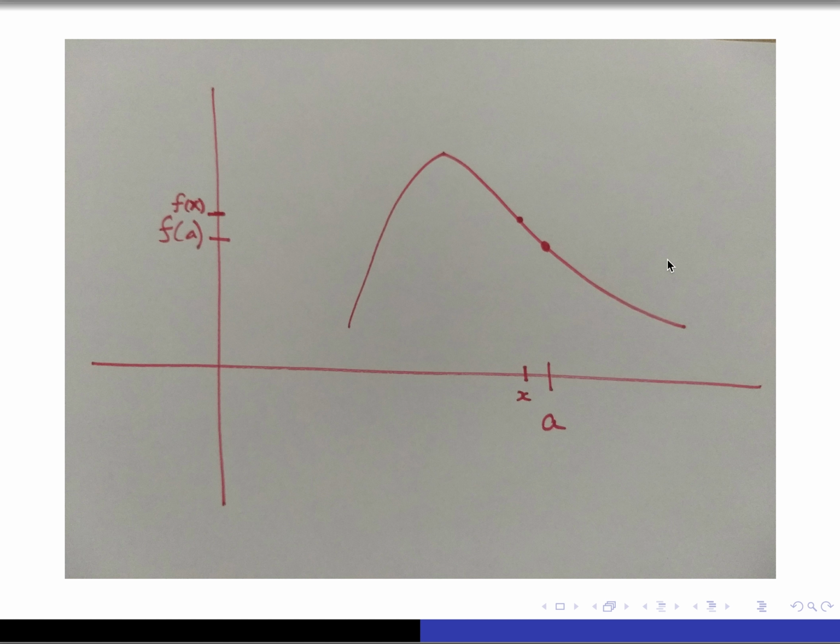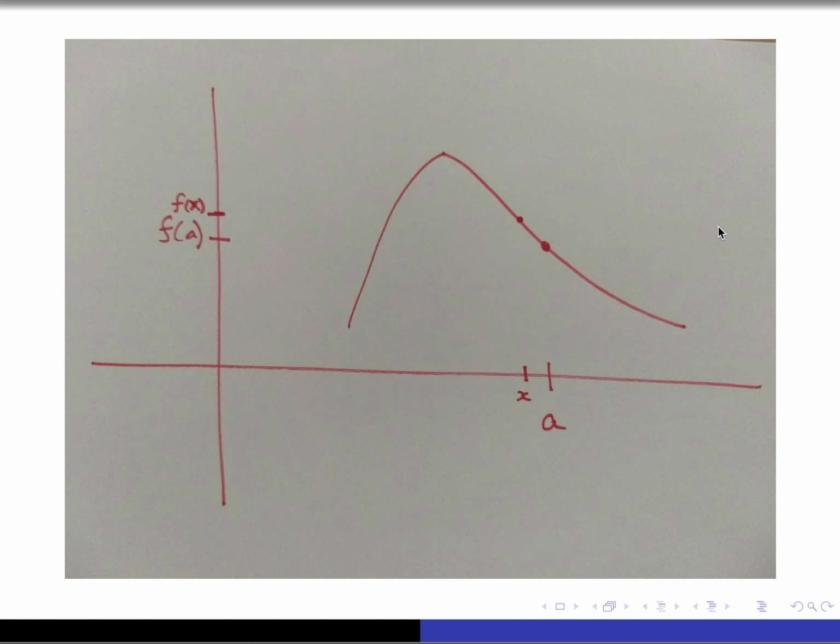Here's a graph of some function that I drew, and we've got this point A. What does it mean to be continuous at A? Well, intuitively, using what we know from maybe a calculus class, the graph is nice and smooth and connected, so we think it's continuous at A. The reason is that if I take a point near A, like this point x here, and plug that into the function, the function value didn't change much.